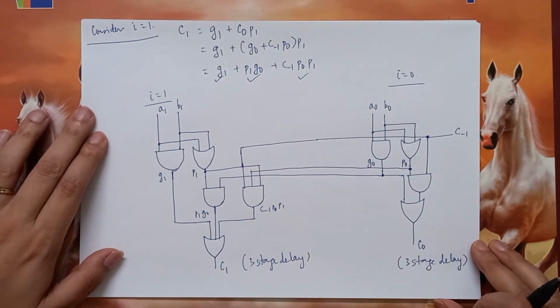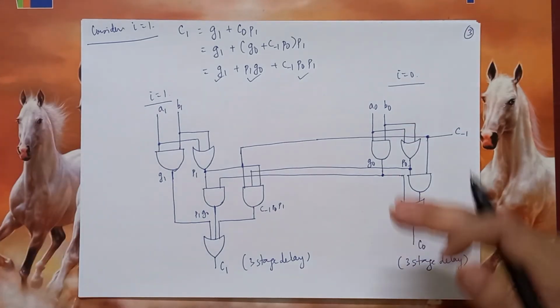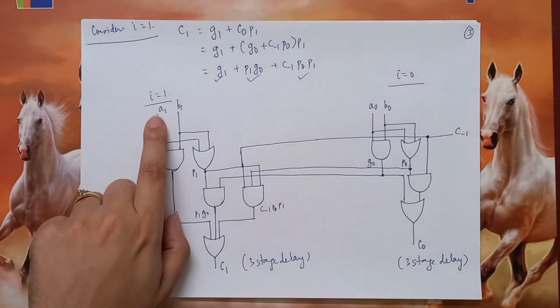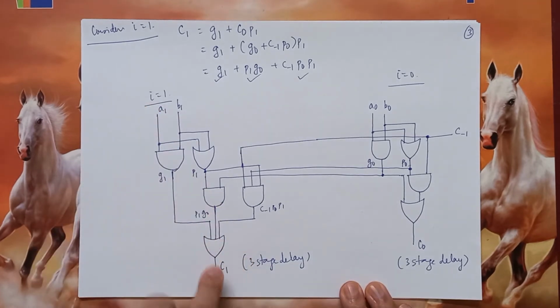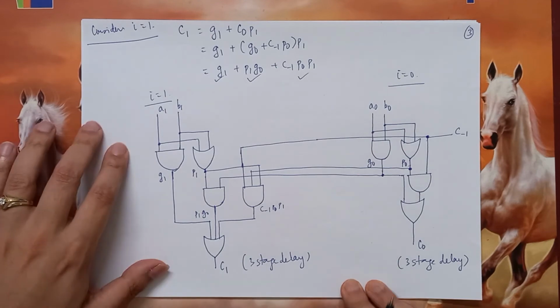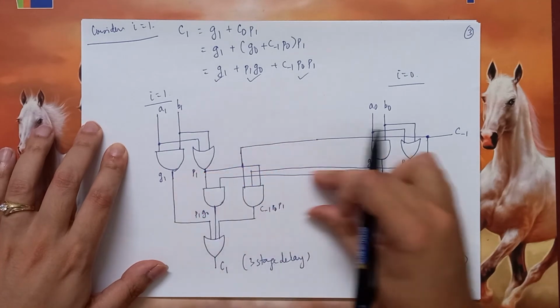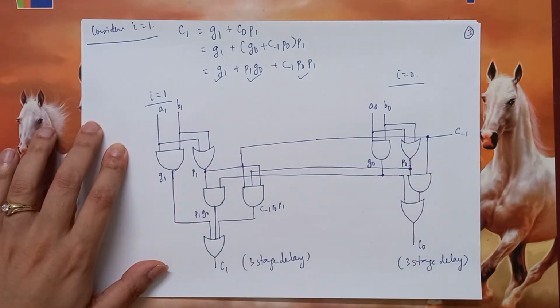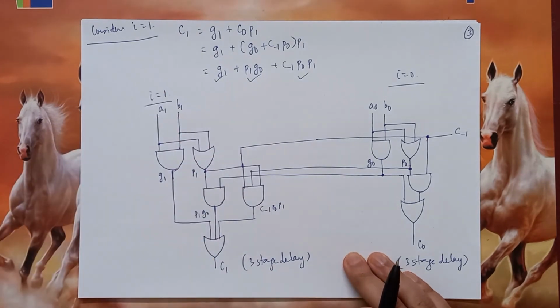Now we were getting very depressed just by looking at the I equal to 0 stage where we saw a 3 stage delay. But when we saw for I equal to 1, we are seeing that even there the worst delay is of 3 stages. Nothing more than that. A1, B1 and C minus 1. All of them, the worst delay is 3 stages. Stage 1, stage 2, stage 3. Which is why I have also drawn the gates in such a way that they look like stages.